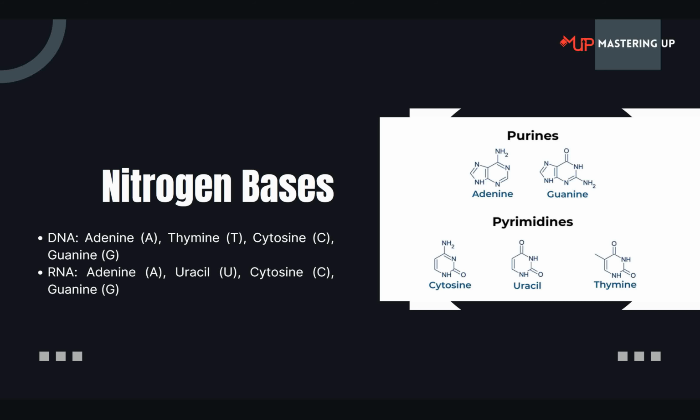Nitrogenous bases are of two types, purines and pyrimidines. Purines are two-ring compounds, which include adenine and guanine, and the pyrimidines are single-ring compounds, which include uracil, thymine, and cytosine.